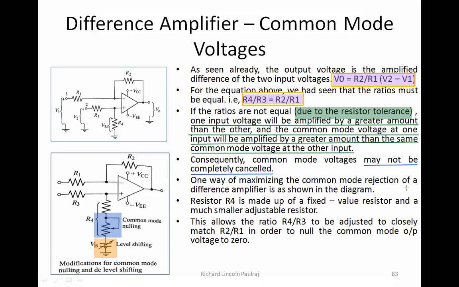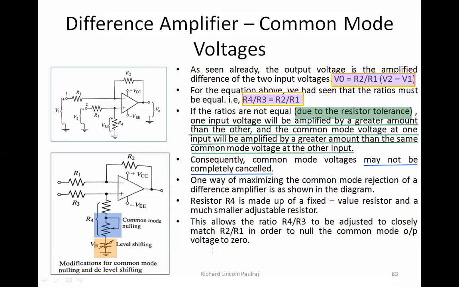One way of maximizing the common mode rejection of a difference amplifier is as shown here. The R4 resistor is made up of a fixed resistor and a much smaller adjustable resistor. So this is an adjustable resistor. This allows the ratio R4 by R3 to be adjusted closely to R2 by R1 in order to null the common mode output voltage to 0.